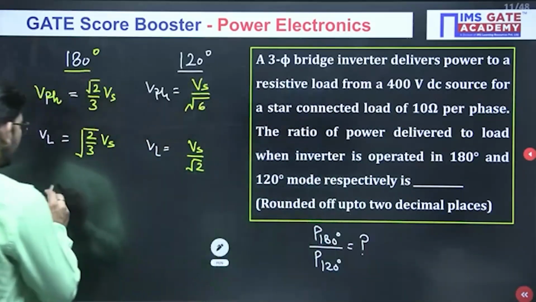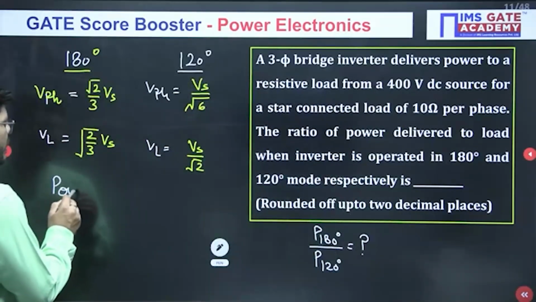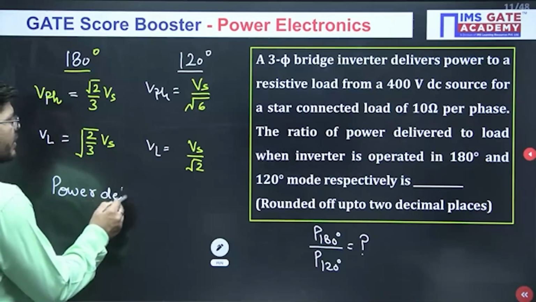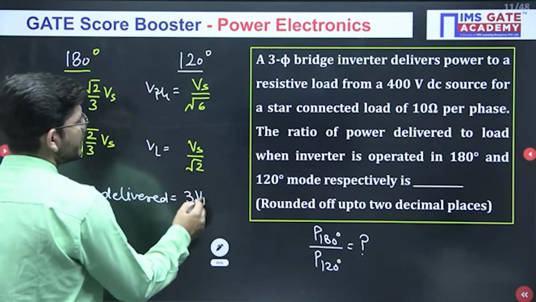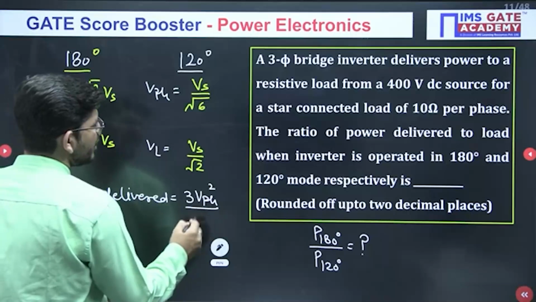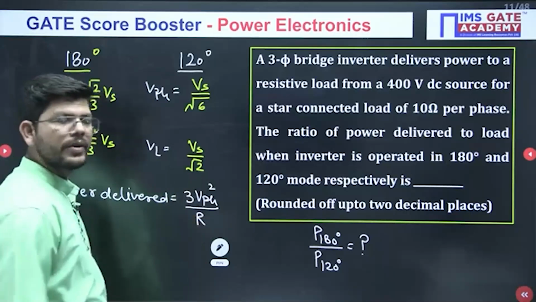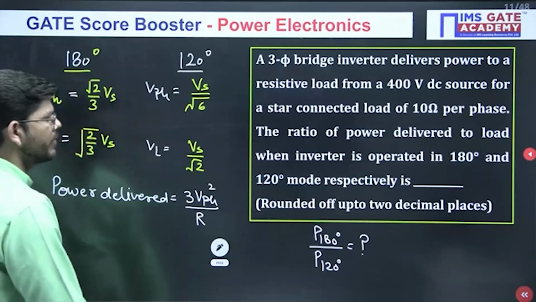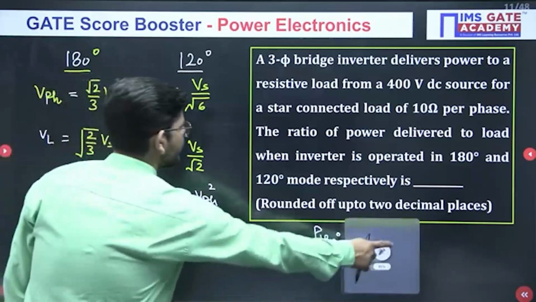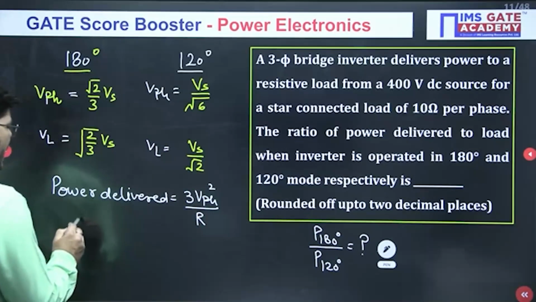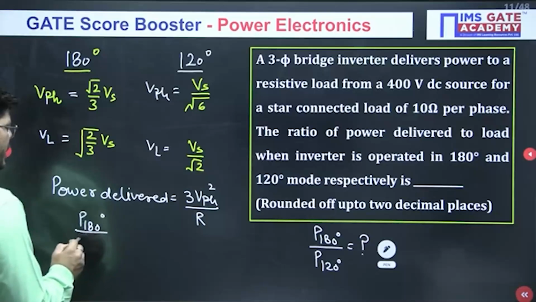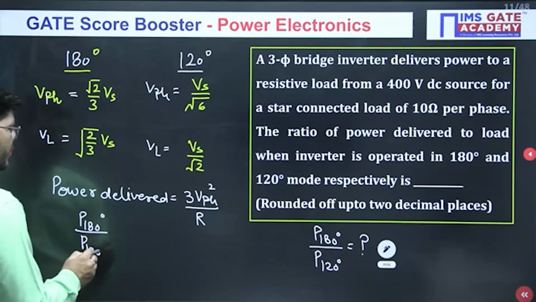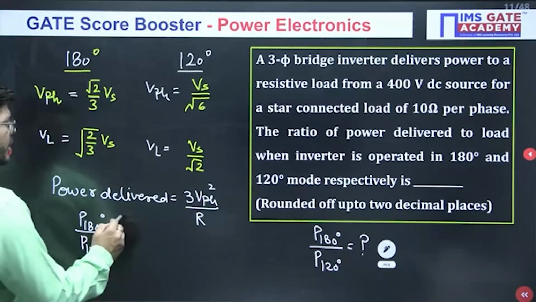Then the power delivered. What will be the power delivered? Power delivered will be 3 V phase square divided by the resistance, because we have been given the resistance per phase. Now, if I have to calculate the ratio of power delivered in 180 degree to power delivered in 120 degree, then what will be the answer?